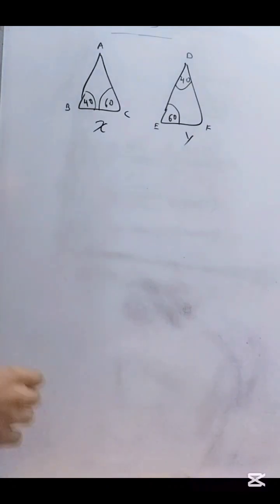So what we do is we prove the two triangles congruent. What is congruent? The triangles X and Y should be equal in three properties.